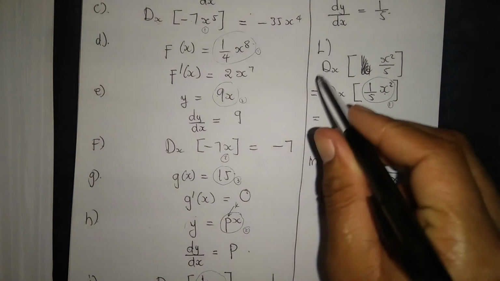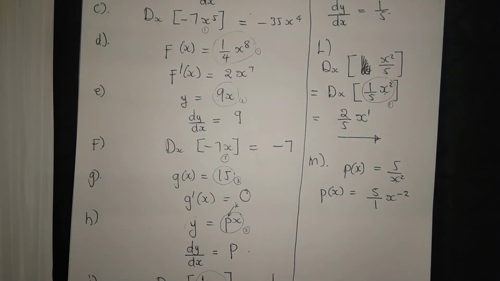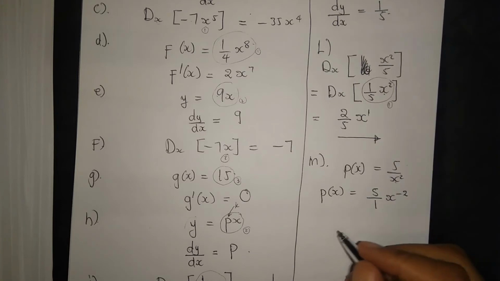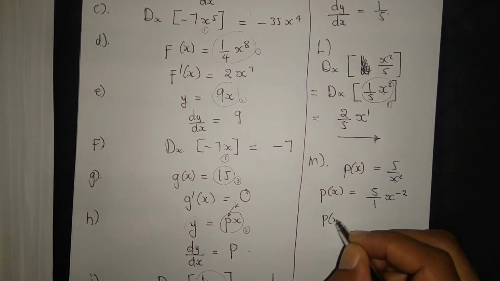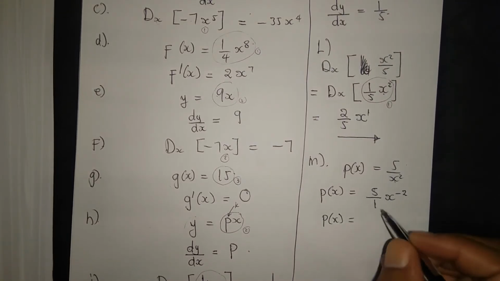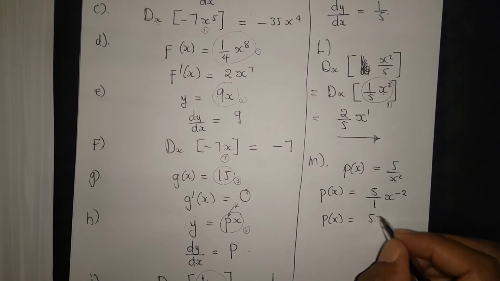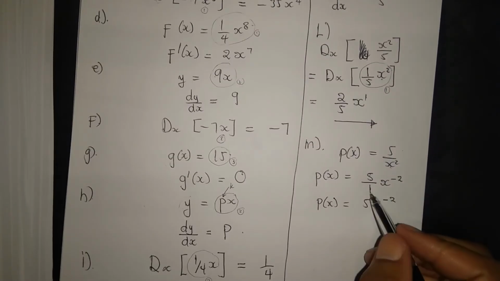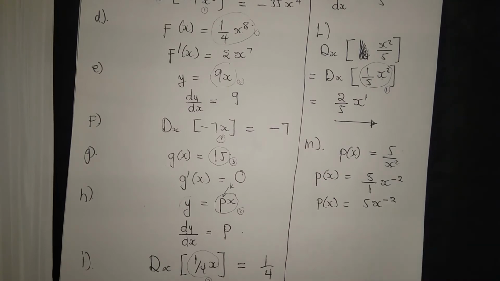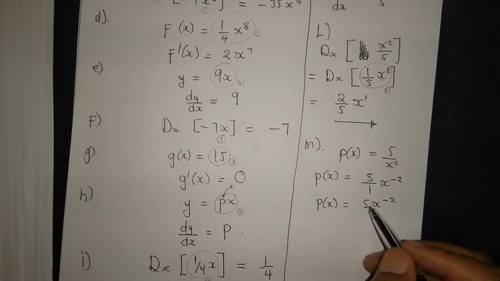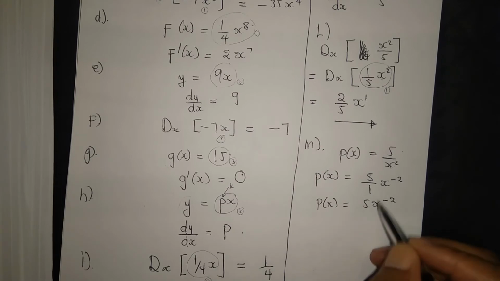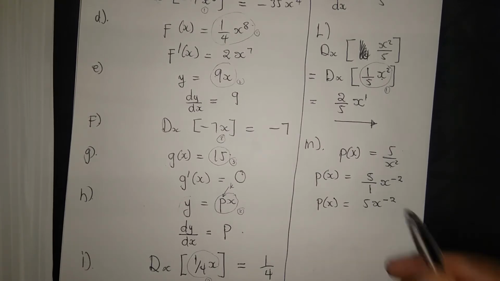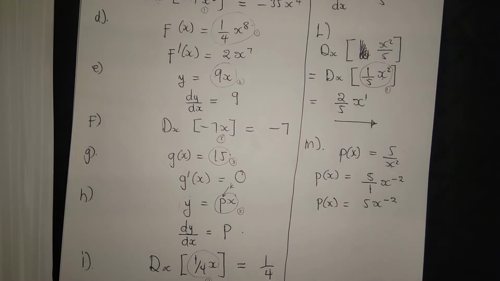But u-x nakasuka phezulu ezeceleni, i-exponent yakhe ihlala i-positive. So p of x is equal to 5 divided by 1 is 5x minus 2. So uyabona ukuthi x nangabe usuka ngaphansi and the coefficient yakhona it's 1, you just write it as this. Ubhala le numerator and then x exponent minus 2.